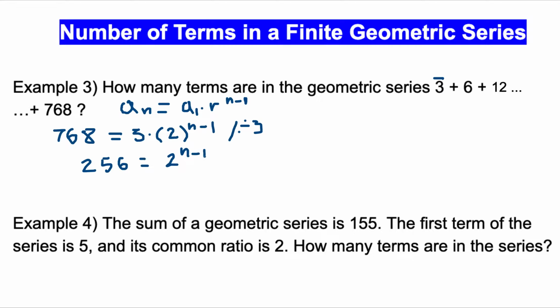And now we are using the definition of logs and we convert this into a log, where the base of the exponent becomes the base of the log: log base 2 of 256 is equal to n minus 1.